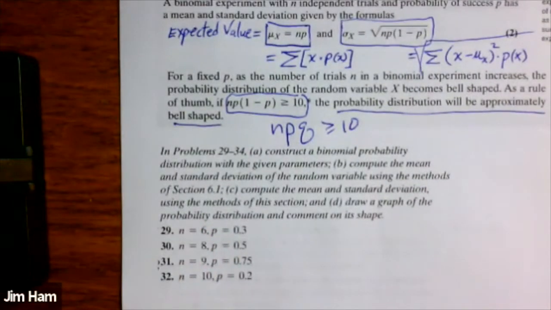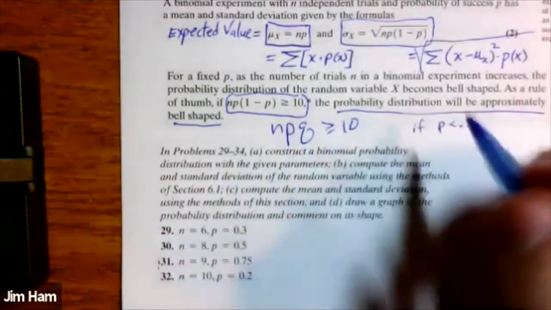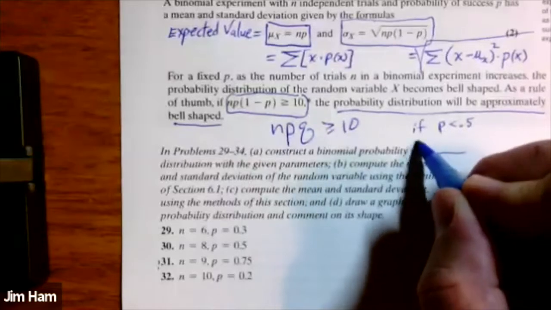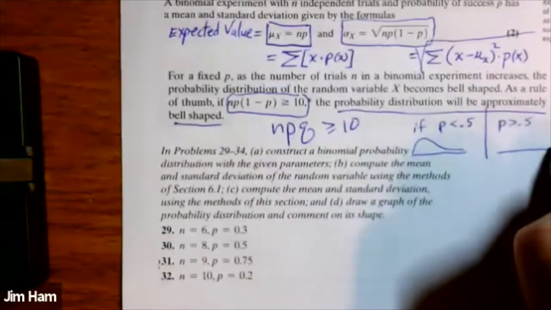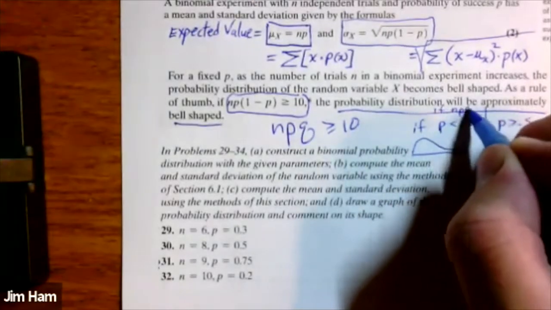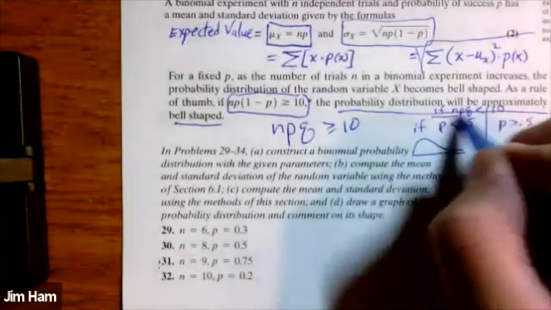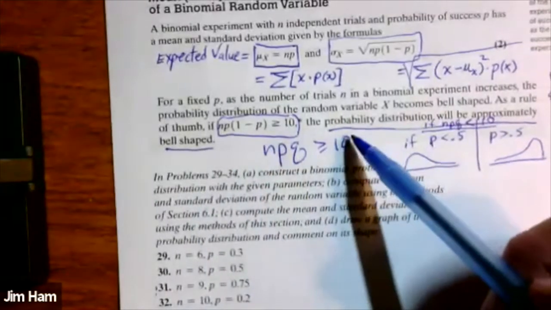If n times p times q is less than 10, and p is less than 0.5, you're going to see a skewed right distribution. And if p is greater than 0.5, you're going to see a skewed left distribution, if npq is less than 10. Otherwise, if npq is greater than 10, then you're going to have a bell-shaped distribution.